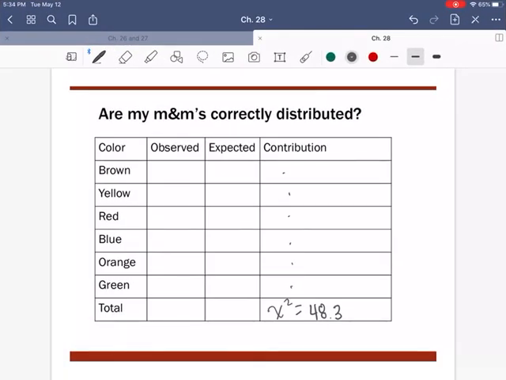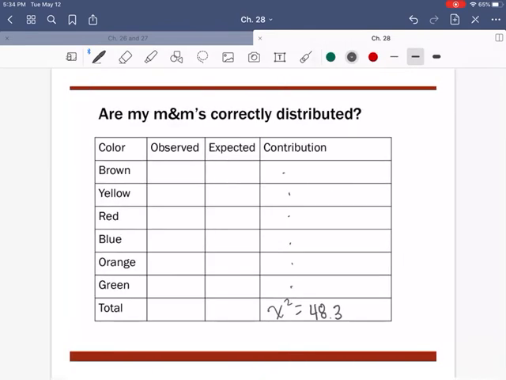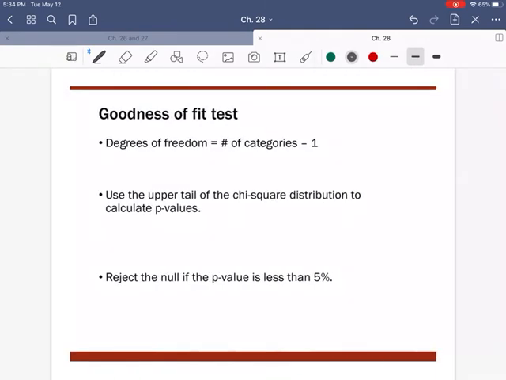So what we're going to say here is chi-square equals 48.3. Let me make sure I remembered that number right. Yes. So you can go through and do the formula, observed minus expected squared divided by expected, to get each of these and then add them up, or you can just tell your calculator to do it.